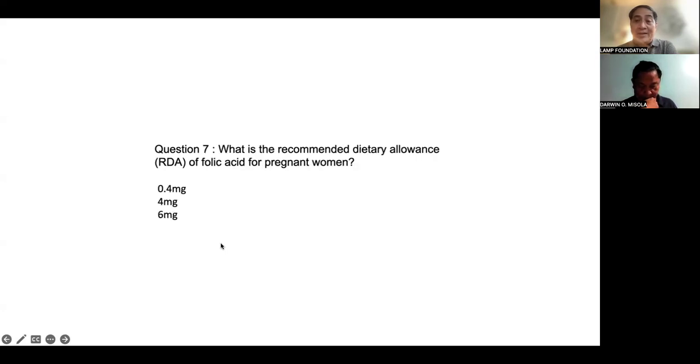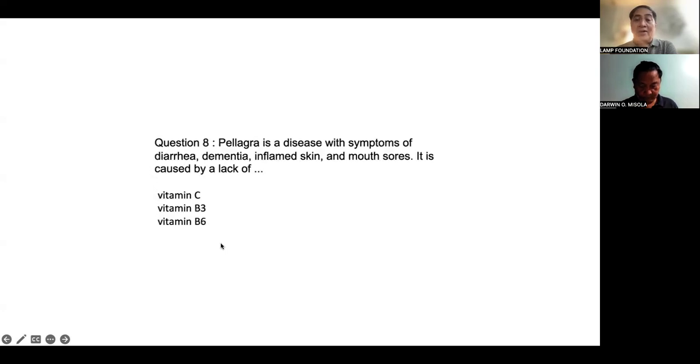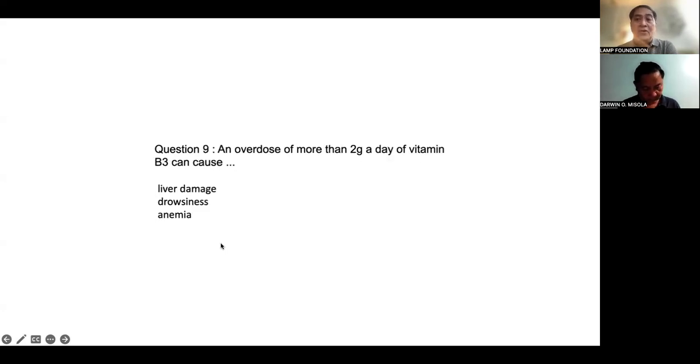What is the recommended dietary allowance of folic acid for pregnant women? 0.4 mg. Pellagra is a disease with symptoms of diarrhea, dementia, inflamed skin, and mouth sores. It is caused by a lack of what vitamin? Vitamin B3.